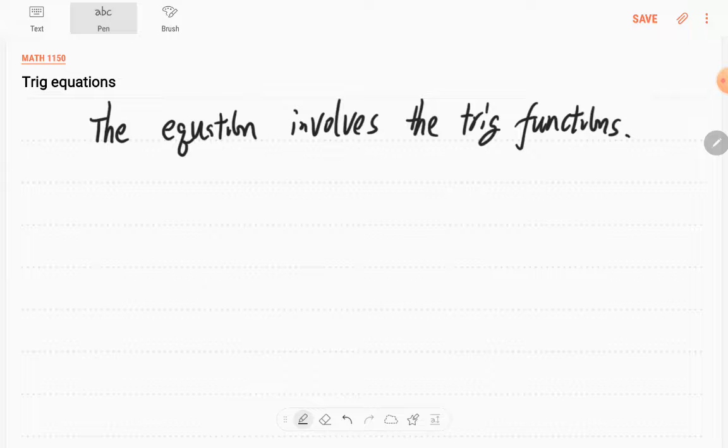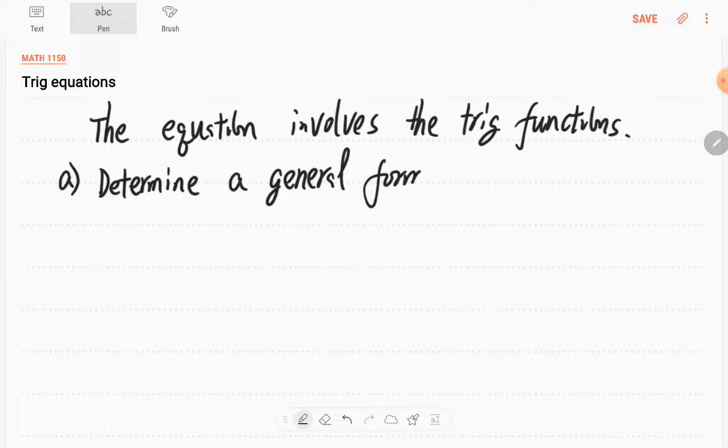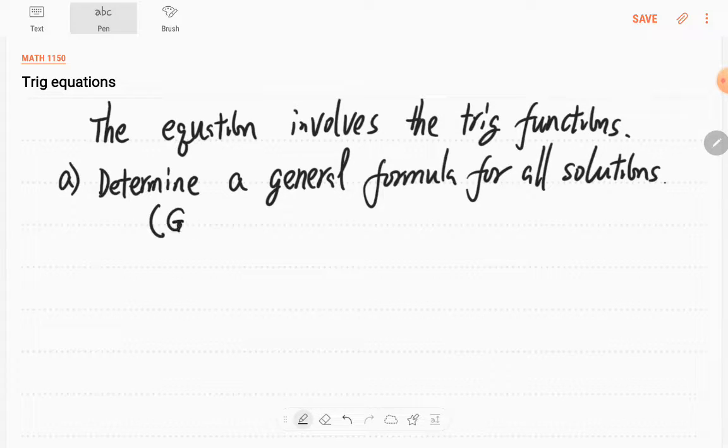Okay, and we need to determine two things. The first one is we need to solve the trig equation to determine a general formula for the solutions, for all the solutions. So this is called the general solution.